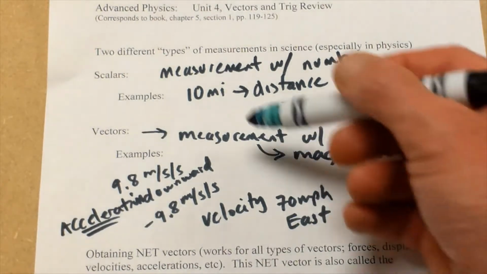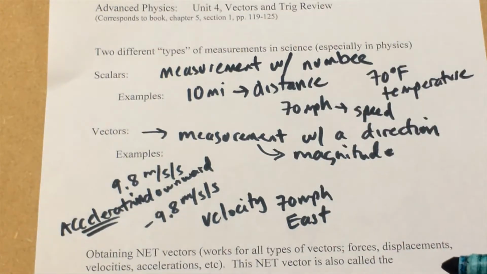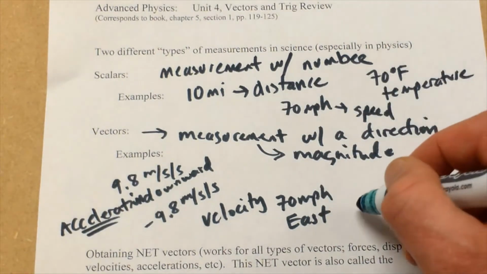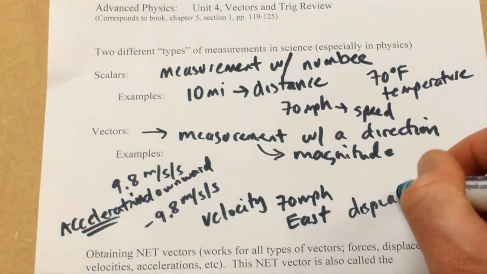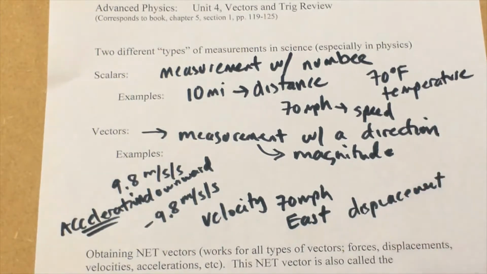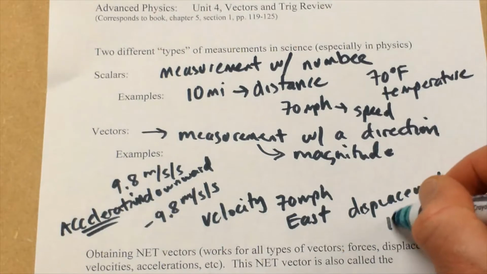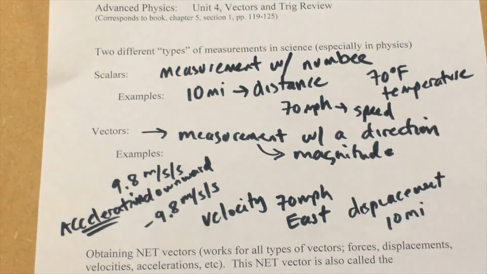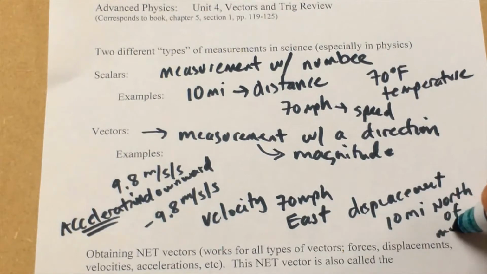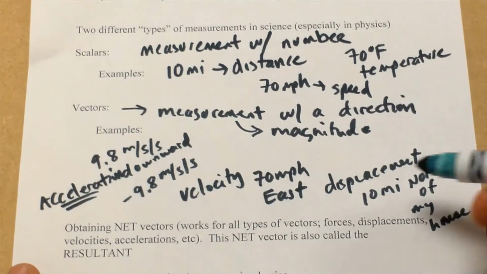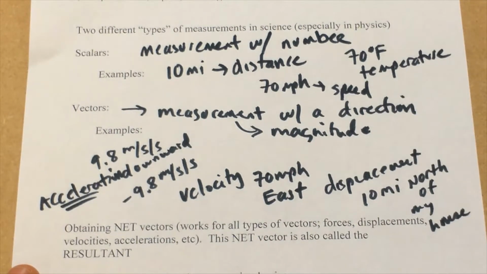The 70 miles per hour is the magnitude. Displacement, that's a vector. Maybe I ran 10 miles north of my house. That's a direction tied into that measurement.